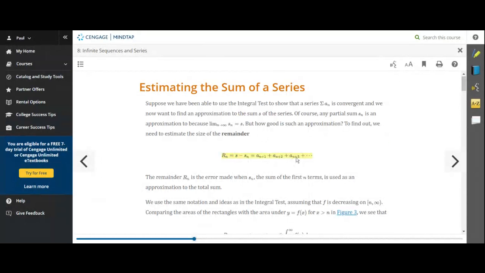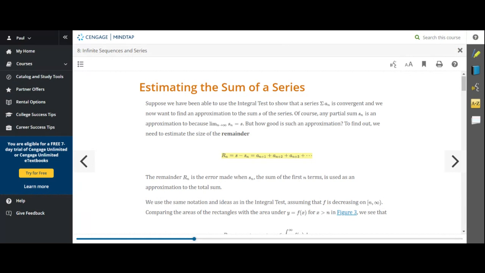So we have situations where if the series converges, we want to find an estimate of the sum of that series. Of course, if you have a geometric series, you have a formula to find the sum of that infinite series. If you have a telescoping series, it's possible to get the sum of that infinite series.